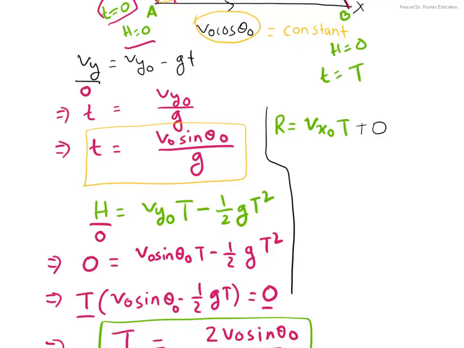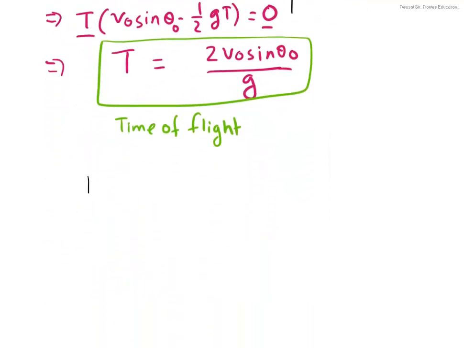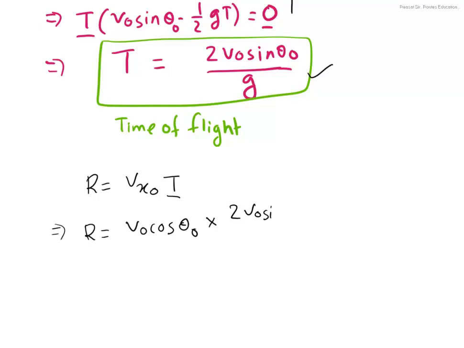Why is there no acceleration? Because in the x direction no acceleration occurs, and there is no air resistance. So R equals V naught cos theta naught times T, and the value of T we already calculated is 2 V naught sin theta naught by g.